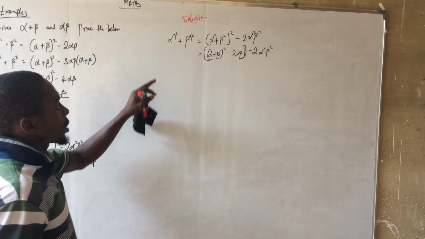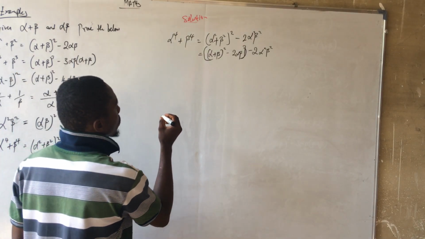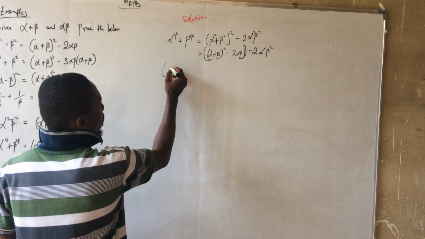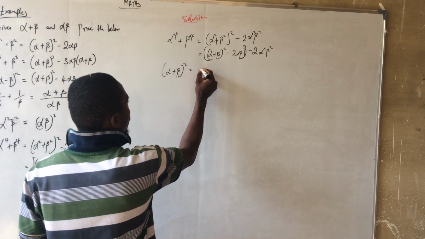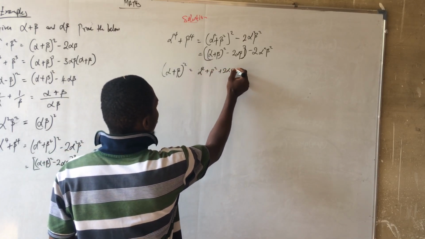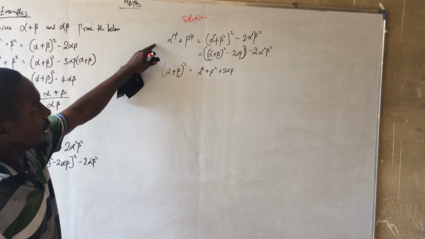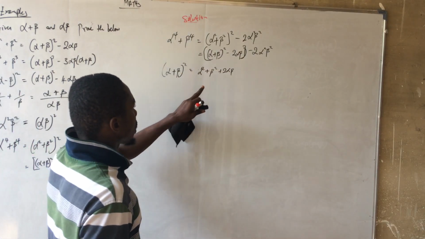Now to prove this, I'm going to start with the simplest thing I know. Alpha plus beta all squared is equal to alpha squared plus beta squared plus 2 alpha beta. Actually I want to get this, so what am I going to do now?